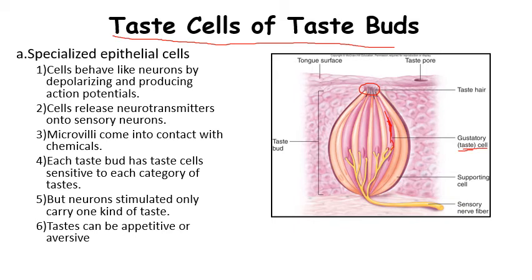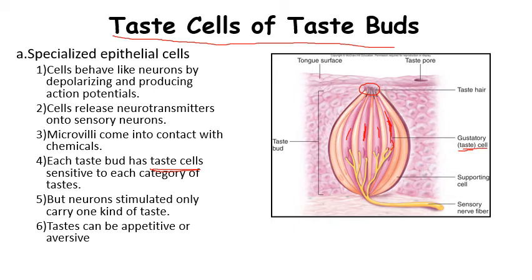We're going to see we have 5 tastes that we have sensors for, and each taste bud will have sensation for multiple tastes. But each gustatory cell, like this one, if it responds to sweet chemicals, will only respond to sweet chemicals.